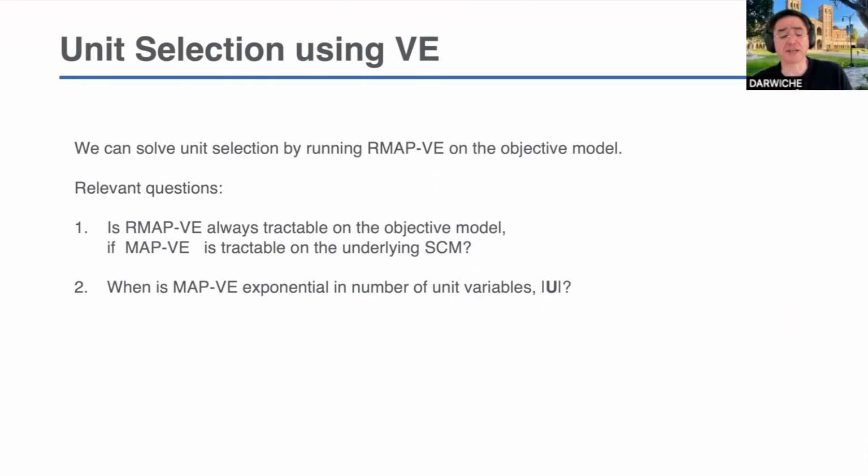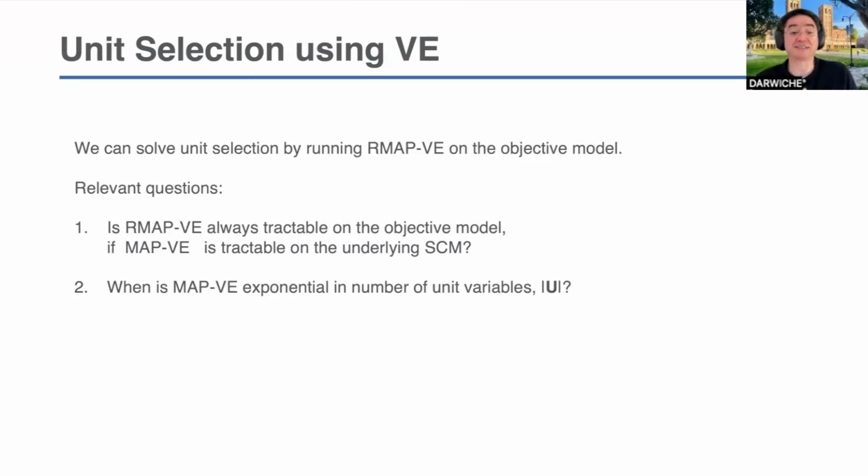And I'll just point to one thing before I try to wrap up with a couple of important observations. One of the questions we look at is: is reverse MAP always tractable on the objective model if MAP is tractable on the underlying SCM? So if you're able to efficiently solve MAP on the SCM, does that guarantee that you will be able to solve reverse MAP efficiently, but on this gigantic model, which is the objective model?